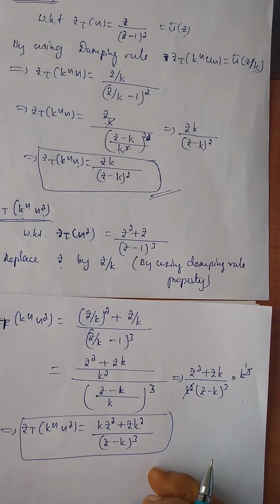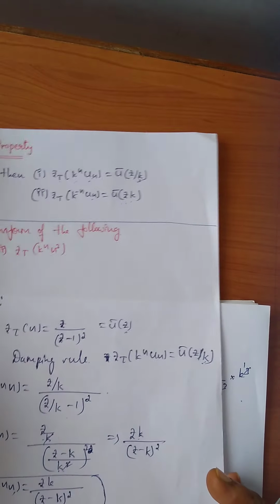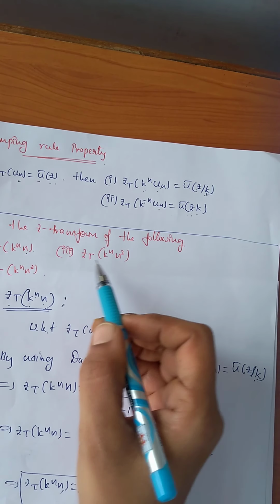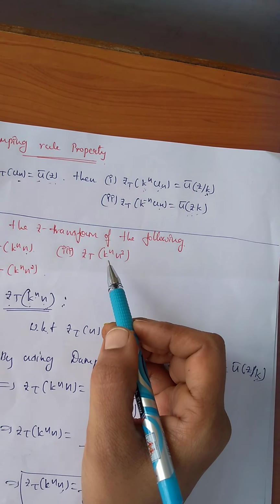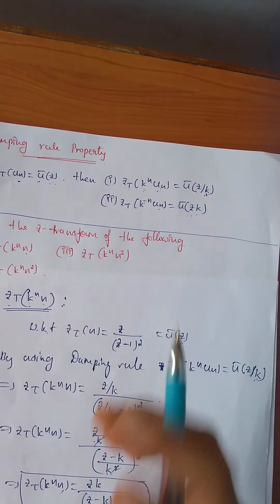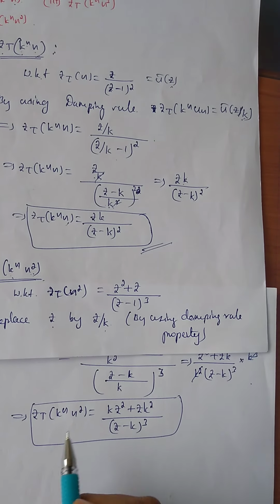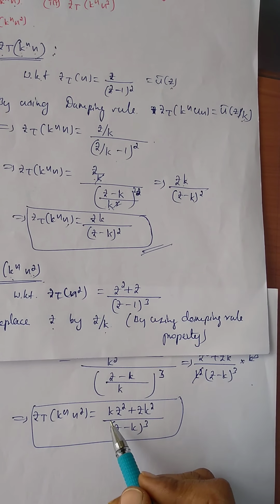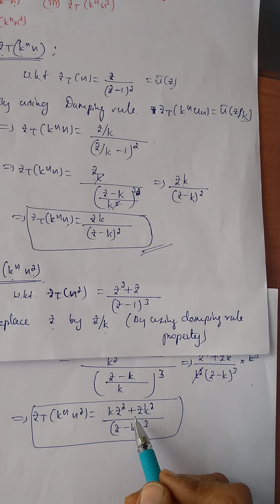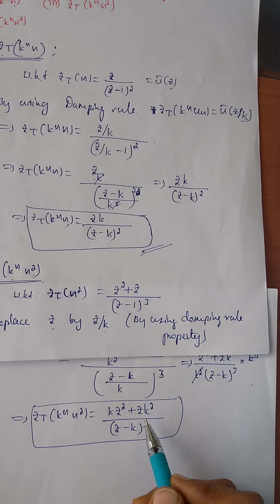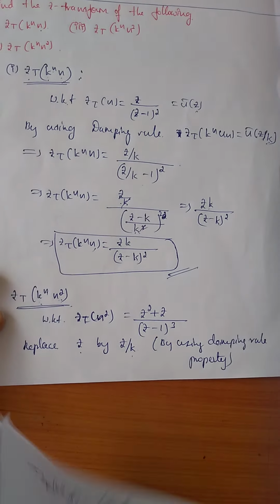Suppose in the exam the same question, in place of k they give any constant, 2 to the power of n, or 3 to the power of n, or minus 2 to the power of n, in place of k we should take the constant. If you have 2 to the power of n, replace k by 2, we get 2 z square plus z into 2 square means 4 z, minus 2 whole cube. This is the answer.